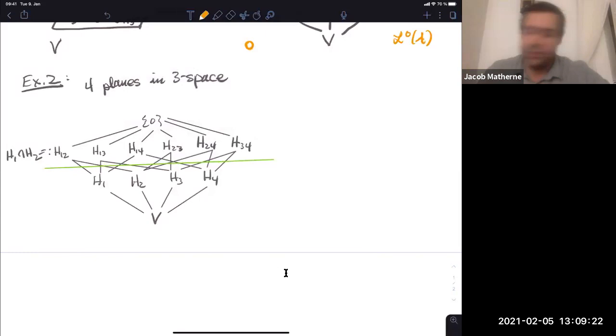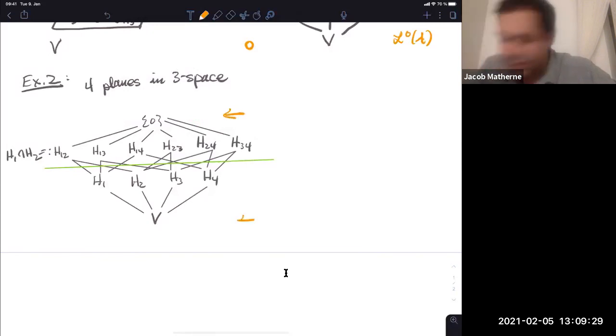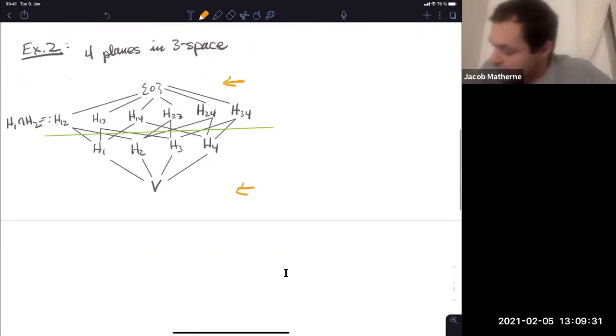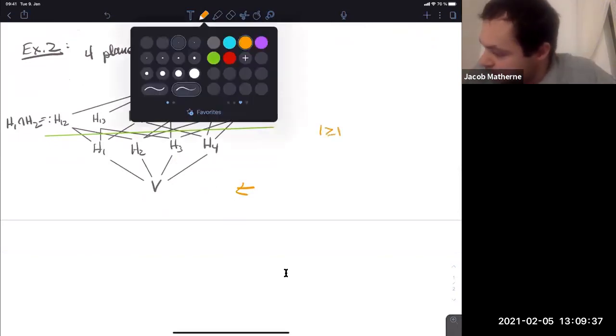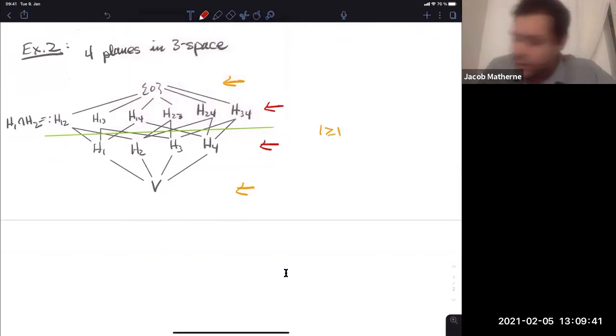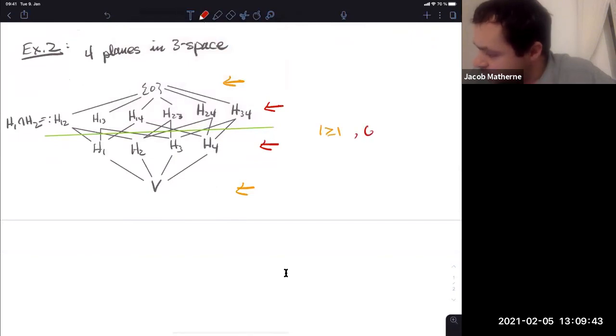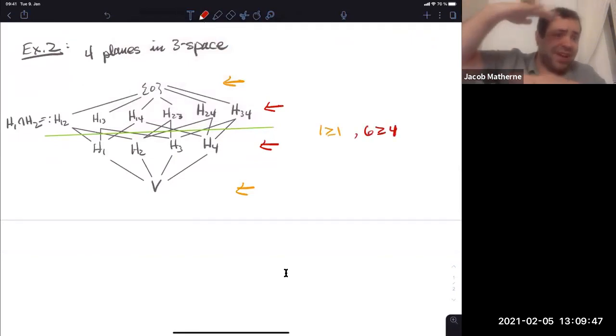So in this picture, I can compare this level and this level, and this says that 1 is greater than or equal to 1. And I can also compare this one with this one, and this says that 6 is bigger than or equal to 4. So the top-heavy conjecture says that I'm always going to have more things on top in the complementary degree.